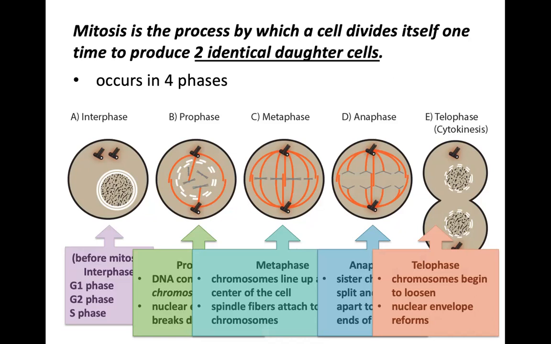Okay, so interphase. What's the most important part? The S phase, because DNA is replicating. Okay, and then in prophase, that's when the nuclear envelope starts to dissolve or break down, disappear, and chromosomes begin to form, become visible.